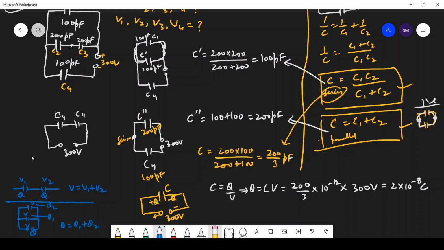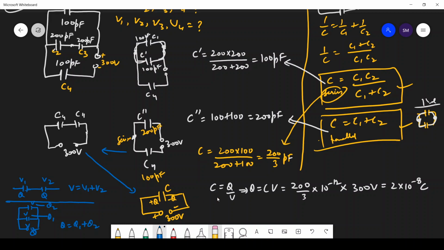Now they were in series, C4 and C dash, and I have written this. So what is the same in series? It is the charge. So it means on both of them the charge is the same.